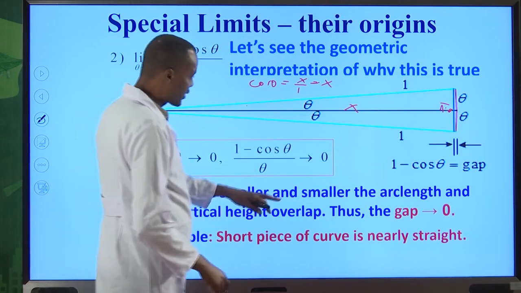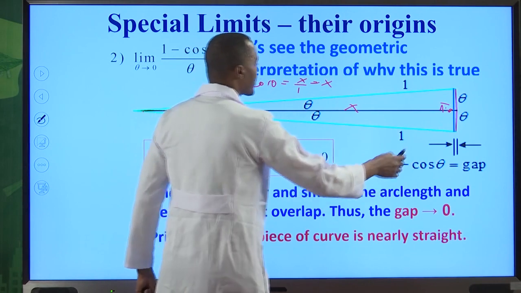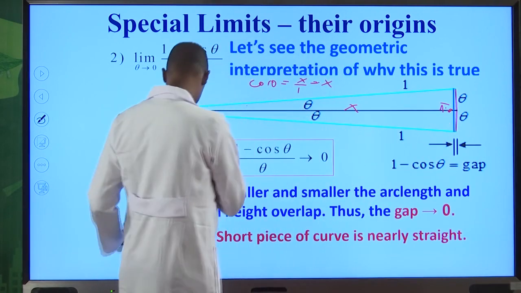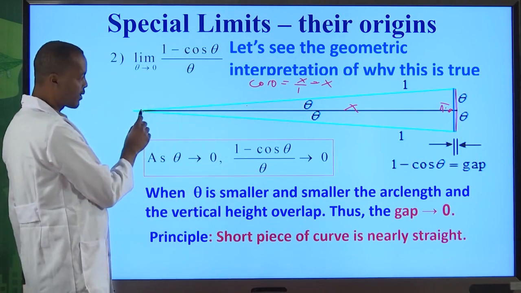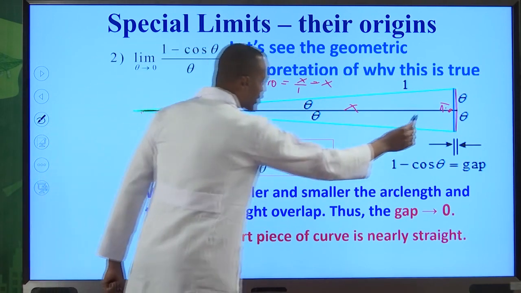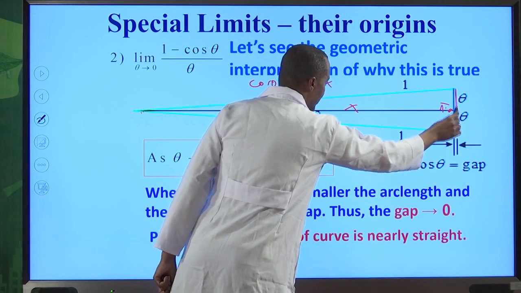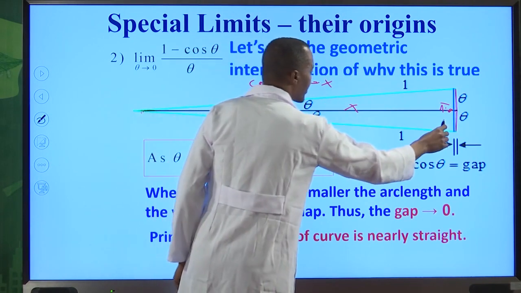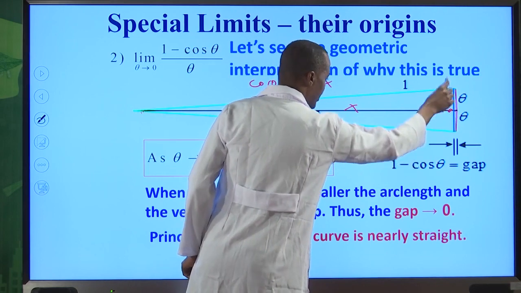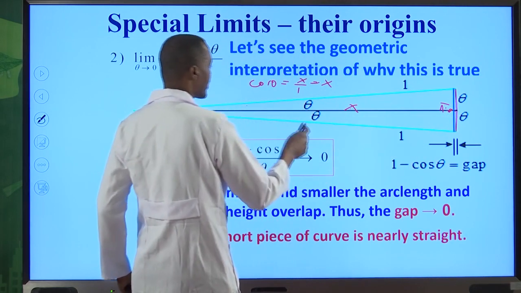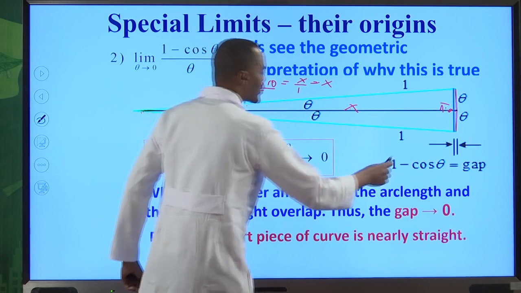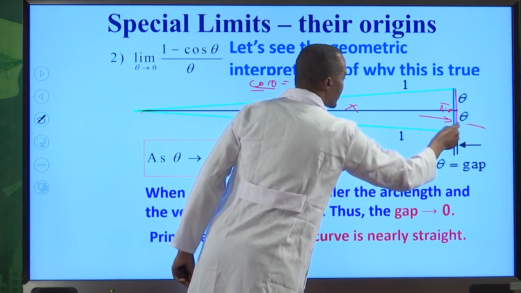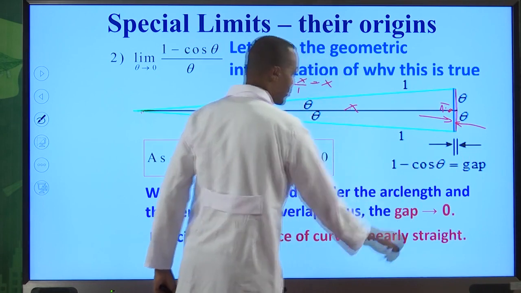And the same applies for the lower one. But I want to know now the gap. From here up to the red curve, it's the radius, which is 1, and up to the blue straight line, it is x, that is already cosine of theta. So the gap between this and that is simply 1 minus cosine of theta.